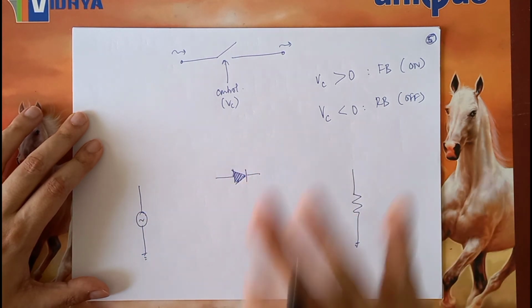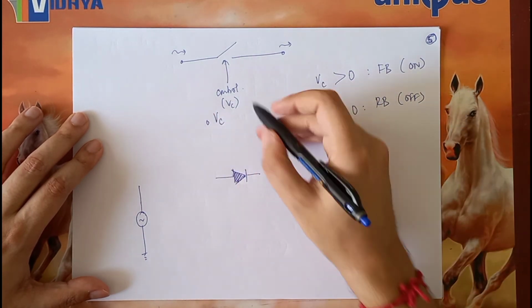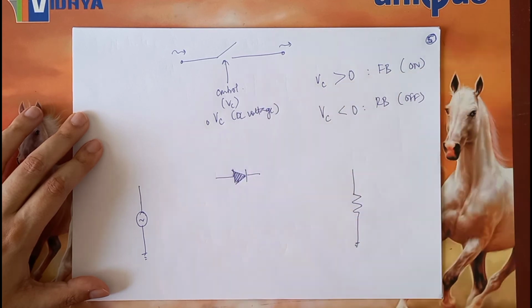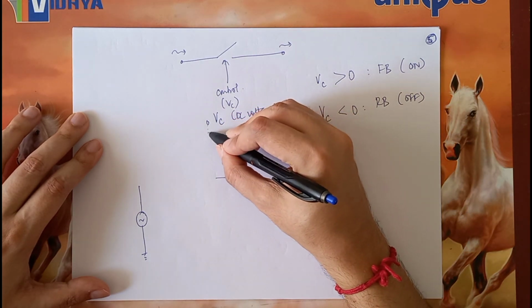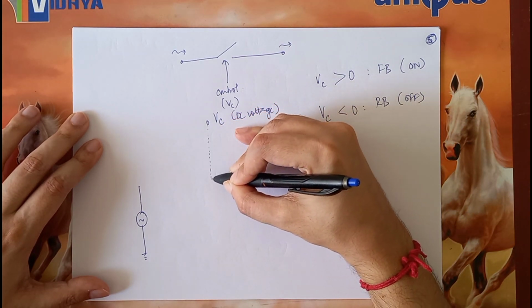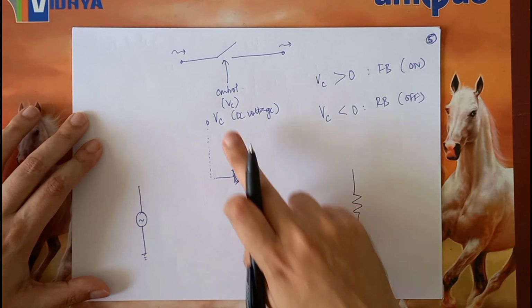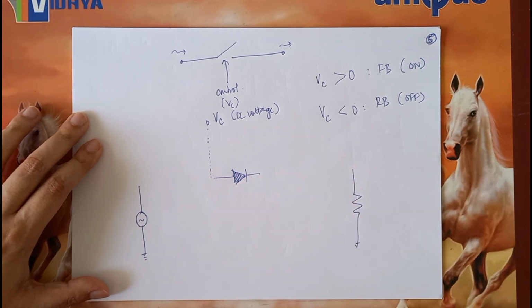So therefore, I must provide a means through which I can give this VC as a DC voltage, as a control element somewhere to the diode. Now what I can do, I can essentially think of a connection over here. So if VC is positive, this one will try to become forward biased.